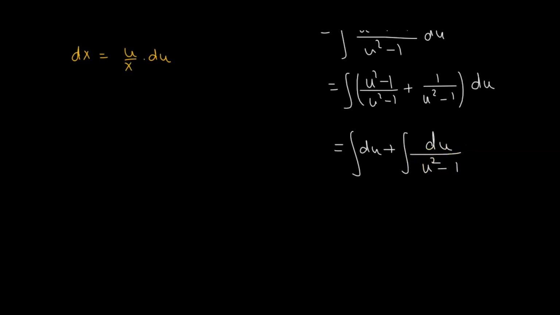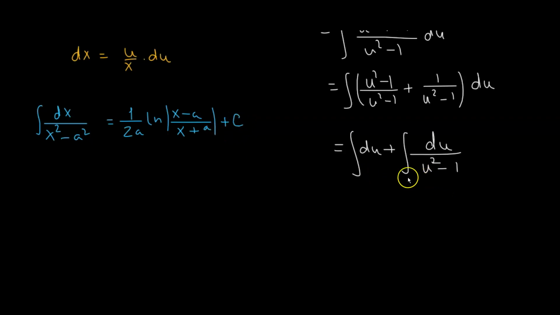Fine. Now we are going to use the formula that integration of dx divided by x squared minus a squared is equal to 1 over 2a times log of x minus a divided by x plus a, plus the constant of integration c. So in our case, we have u squared, so that means our x is equal to u, and our a value is 1.